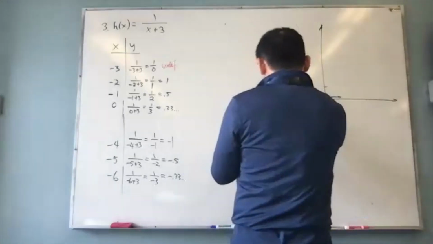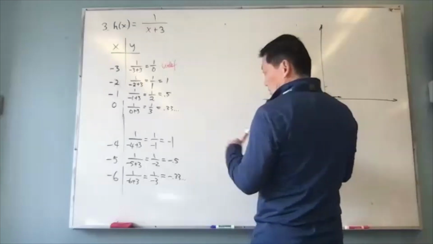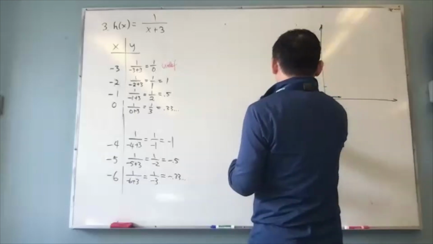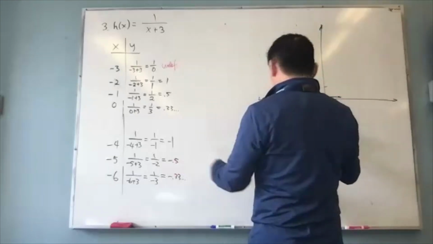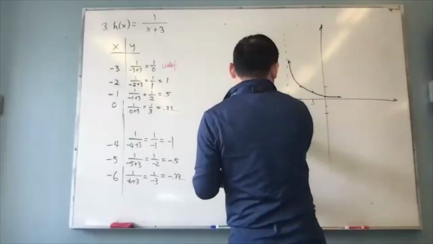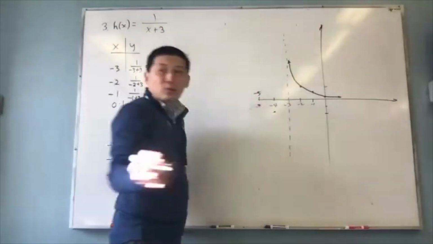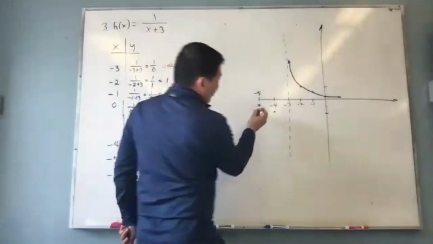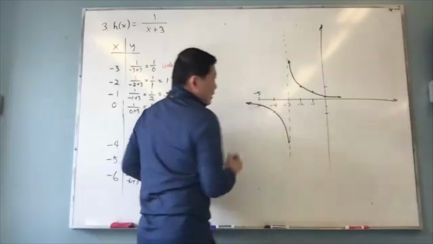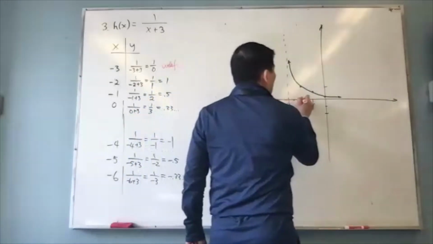And then over here on this side, negative 4 gives me negative 1, and negative 5 gives me negative 0.5. I don't even need to go to negative 6 because it's probably coming out of the grid. So it's probably going to look like this. And then I will have a horizontal asymptote right here.